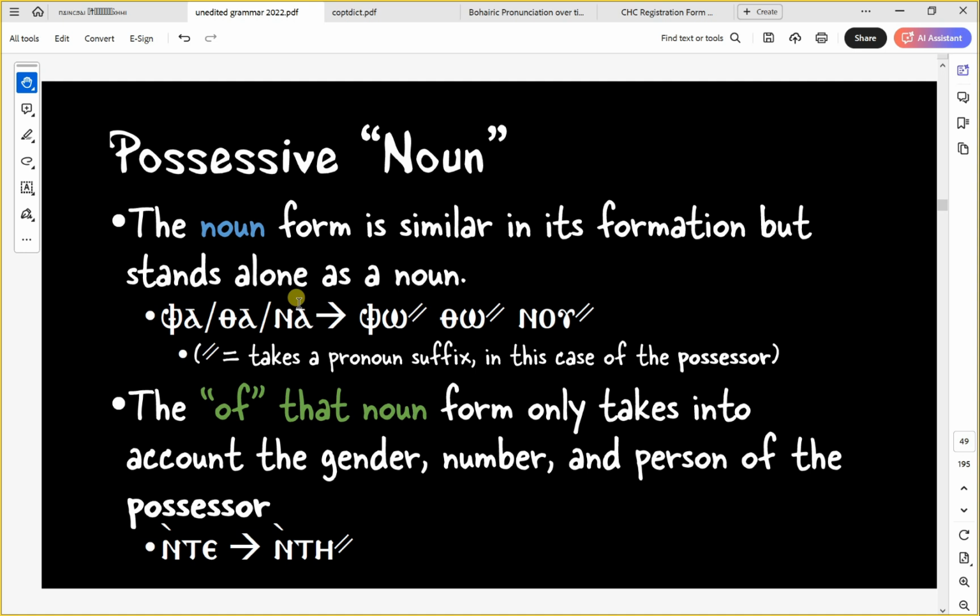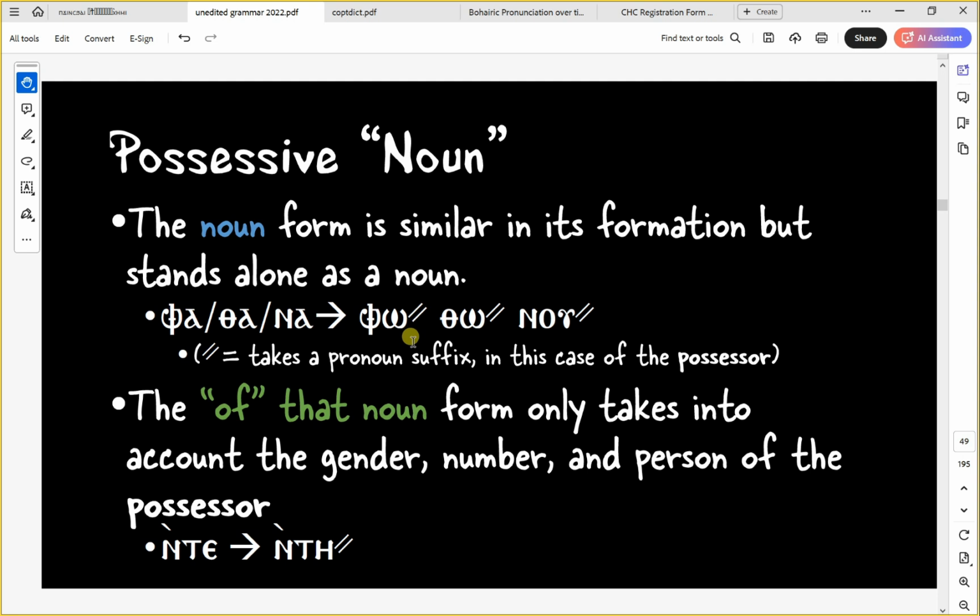But some Coptic words have multiple forms. I'm going to try to see if it's in the dictionary. If you see these two lines in the dictionary, we're learning something new now. If you see those two lines where they're slanted, it looks like an equal sign, but it's slanted, that means it takes a pronoun suffix. What that suffix is depends on what you're dealing with.